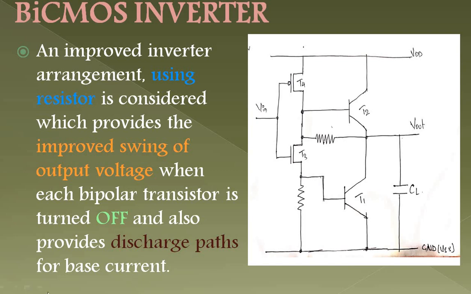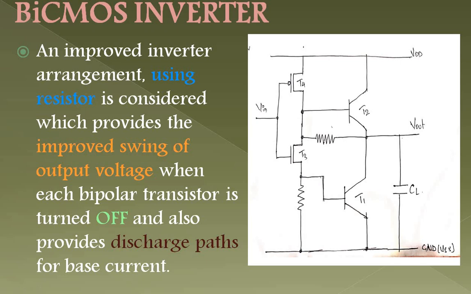When each bipolar transistor is turned off, it also provides a proper discharge path from the base current. Here you have the base of your T1, and it has the proper discharge path also. So it is a good arrangement of your BiCMOS inverter.